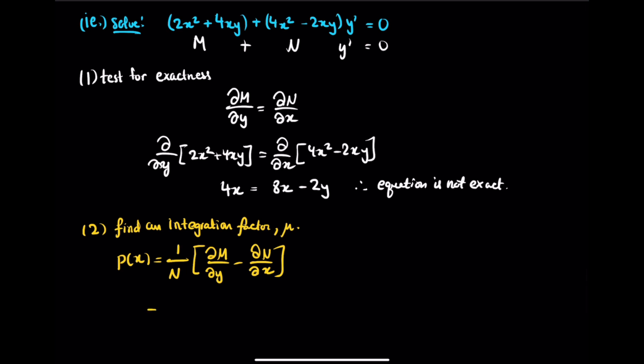Okay? And so our n, actually let's find this difference first. We already have what the partial derivative of m with respect to y is, and we already have what the partial derivative of n with respect to x is. So this thing is 4x minus (8x minus 2y).